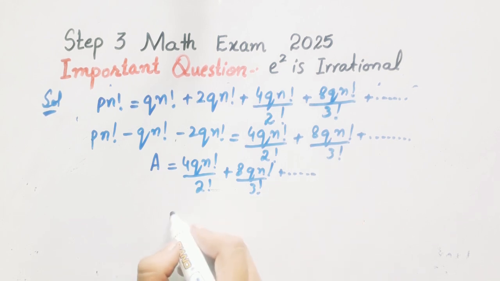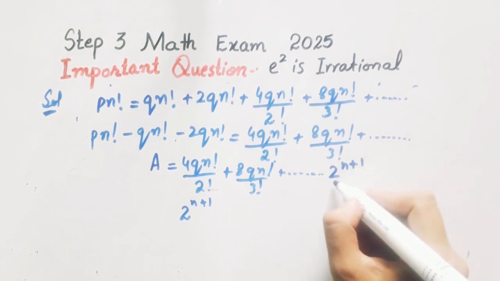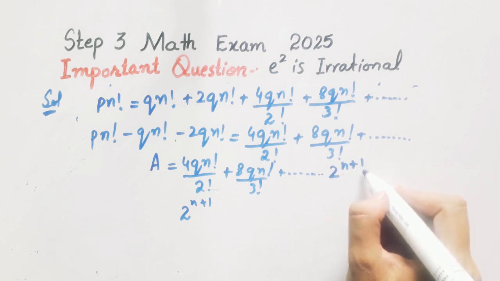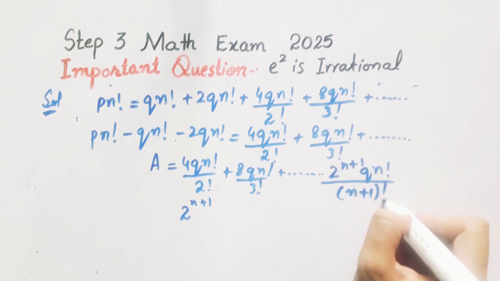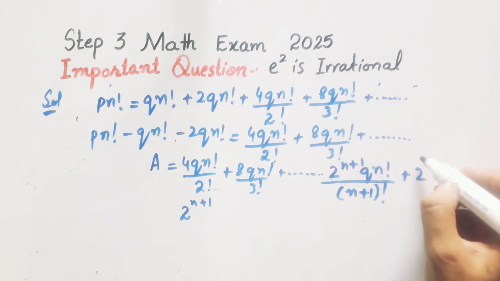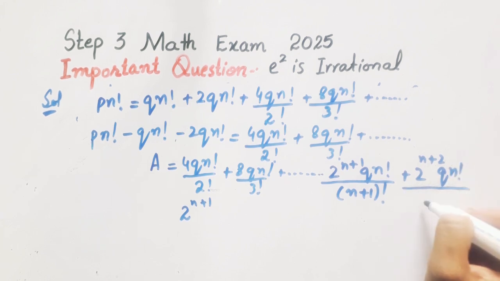So now we can take common from the right hand side 2 raised to power n plus 1, because the general term goes to 2 to the n plus 1, q n factorial over n plus 1 factorial, plus, by making these substitutions, 2 to the n plus 2 and q n factorial divided by n plus 2 factorial.